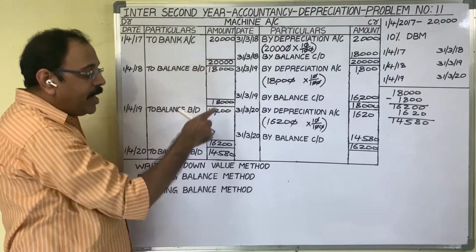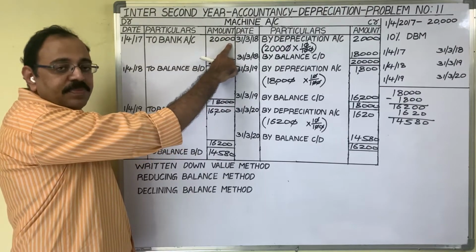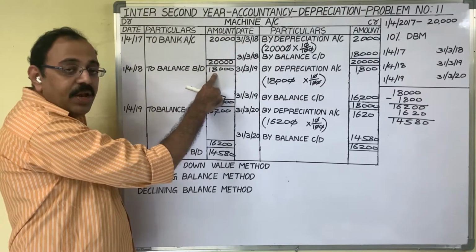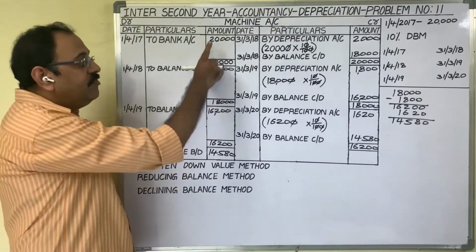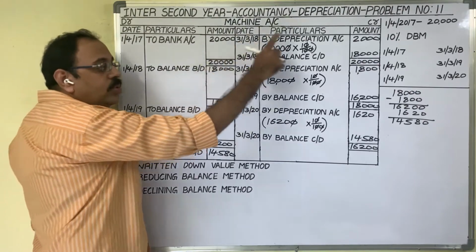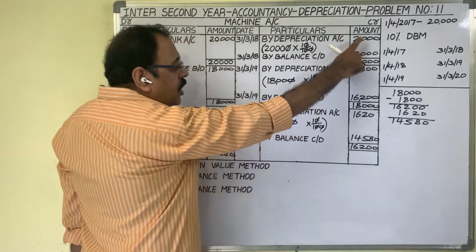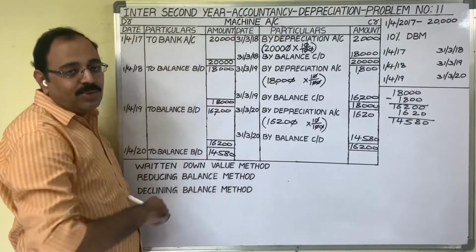Observe the opening balances. First year opening balance is 20,000. In second year, opening balance is reduced. Why? Because in first year we used that asset for 12 months, 2,000 value is reduced. Now for second year, asset value became 18,000.